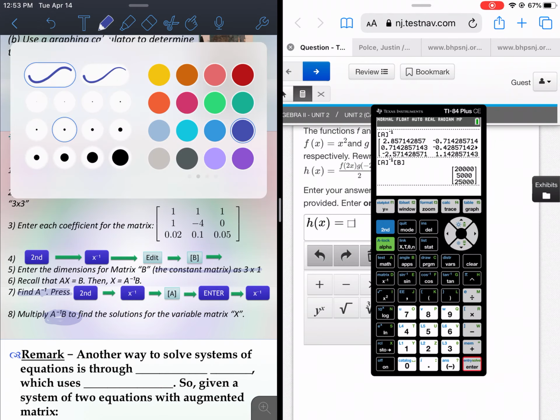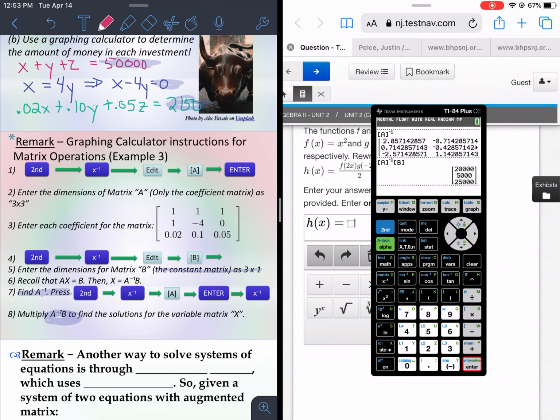All told, we have the amount of money in bonds is $20,000. The amount of money in stocks is 1/4 of that amount.